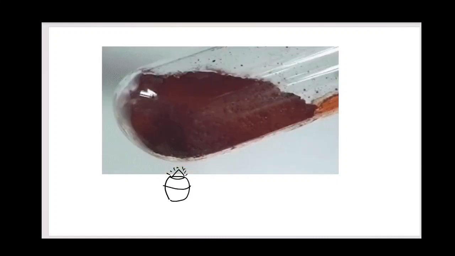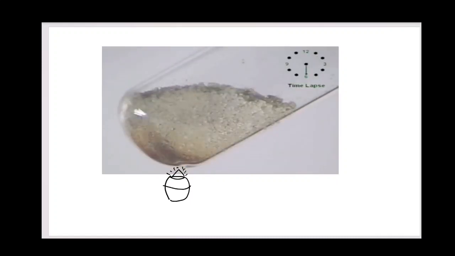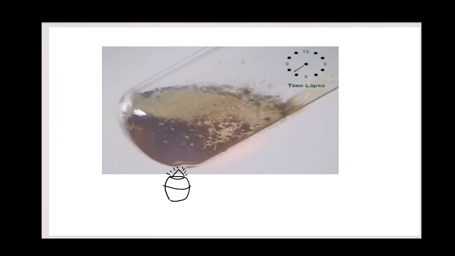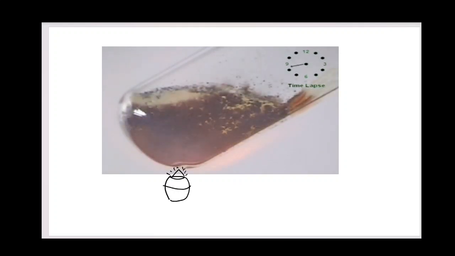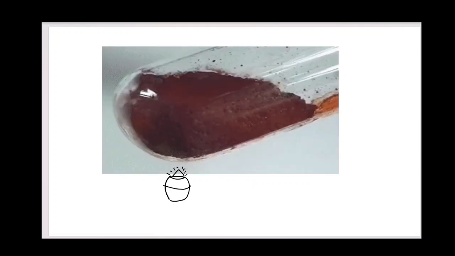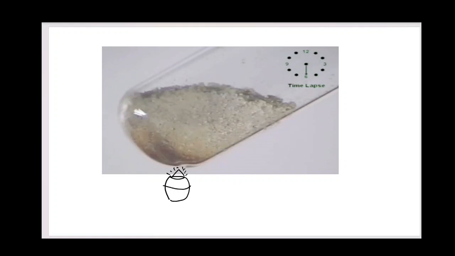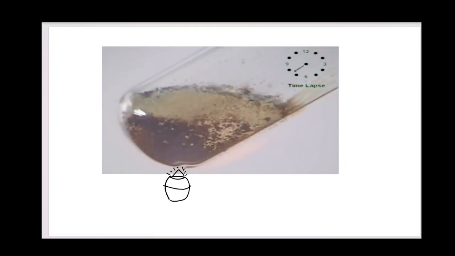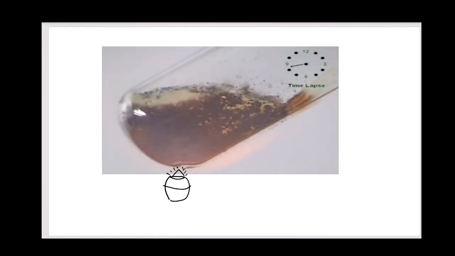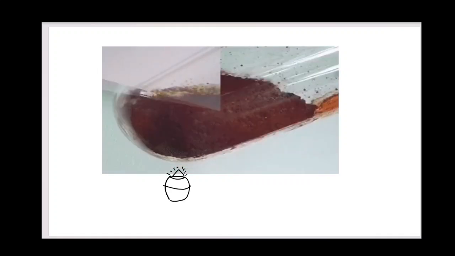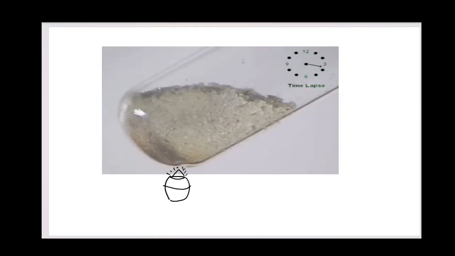So what happens when they heat? When they heat, the color of the salt changes into brown. Previously it was pale green, but now the color of the powder changed to brown. Now why does this kind of reaction take place? Here I'll write the equation.